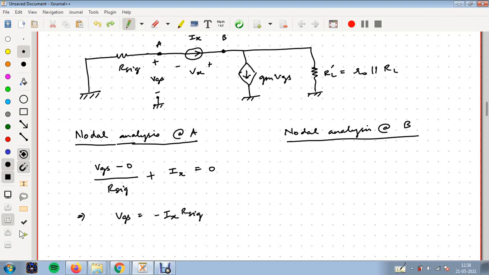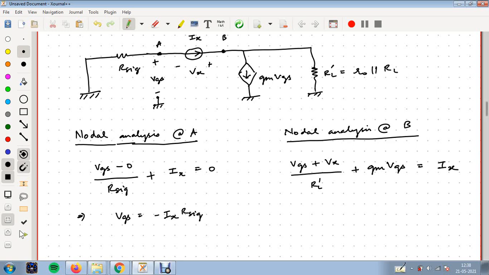So here I'll write VGS plus Vx divided by RL prime, I'm taking this wing, plus GM into VGS, it is a current source anyway, is equal to Ix.